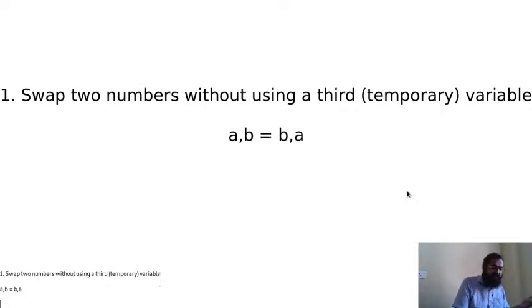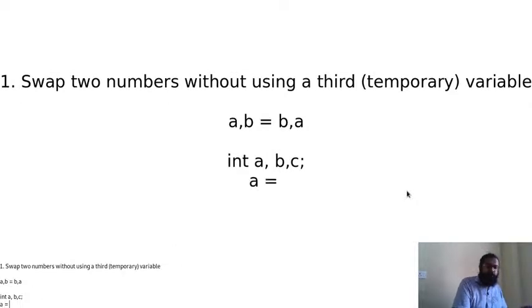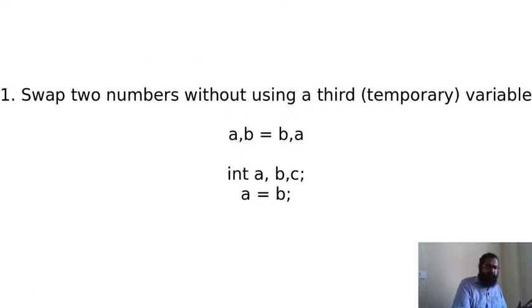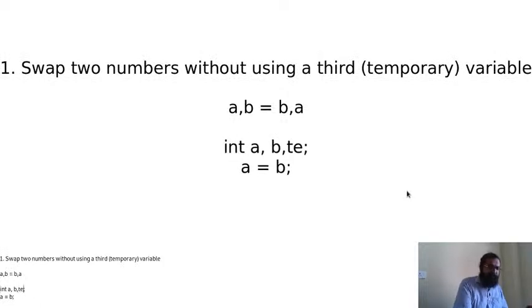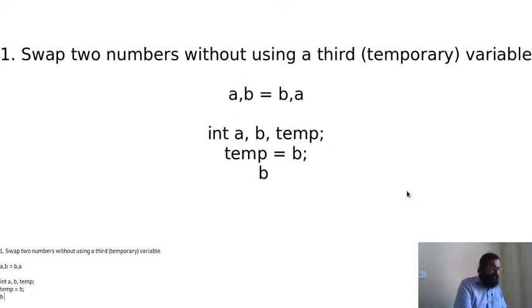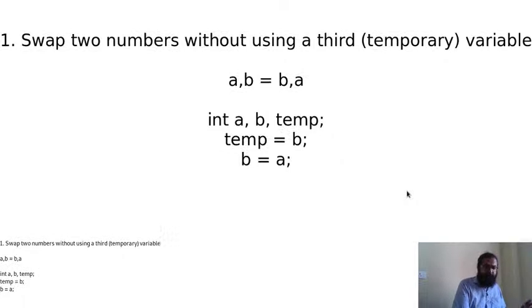If it is in C, then you have to do it as int a, b, temp. Then a is equal to b... I'll just put it as temp. It would be temp is equal to a, then a is equal to b, and b is equal to temp. So this is how we would do it in a C program.